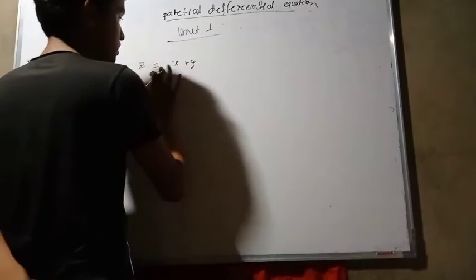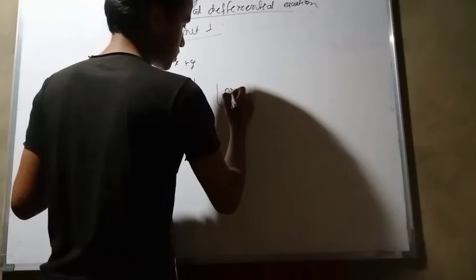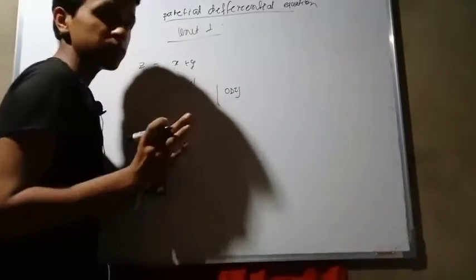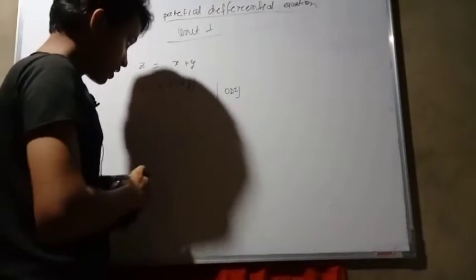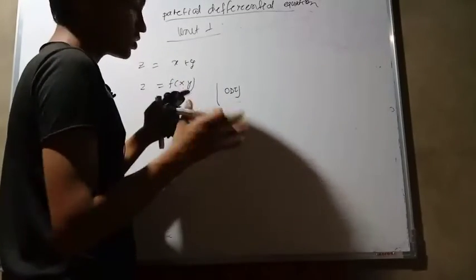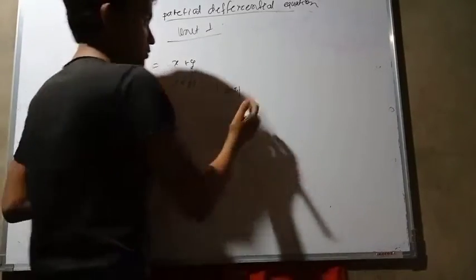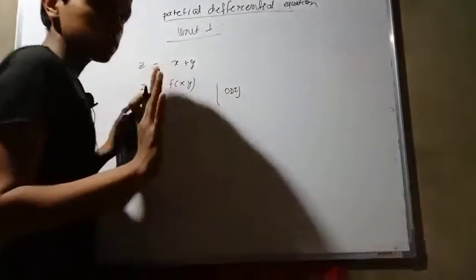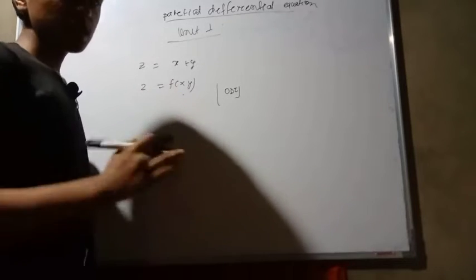Suppose z equals x plus y; we can say that z is a function of x and y. In an ordinary differential equation, there is one independent variable, and we differentiate with respect to it. When there is more than one independent variable, they change along with their dimensions.